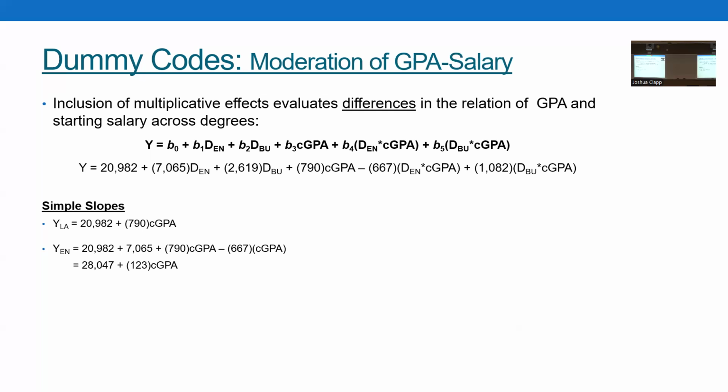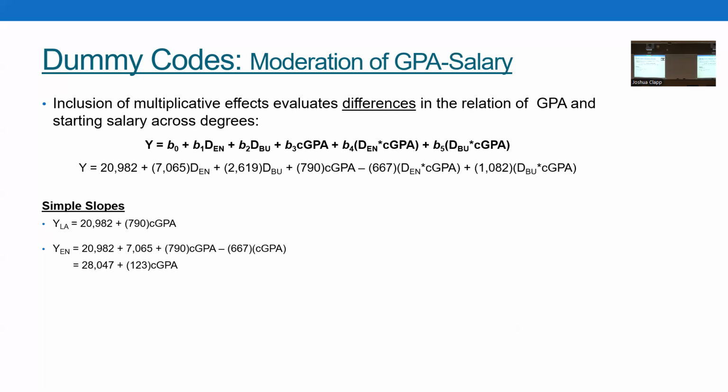What I get is a model that says, here's my intercept, coefficient for engineering, here's my simple slope or my coefficient for GPA, plus this coefficient here for the interaction of engineering and GPA. Well, if engineering is one, then that's just one times GPA times this. I add that up, and here's my simple slope for GPA for engineers, right?